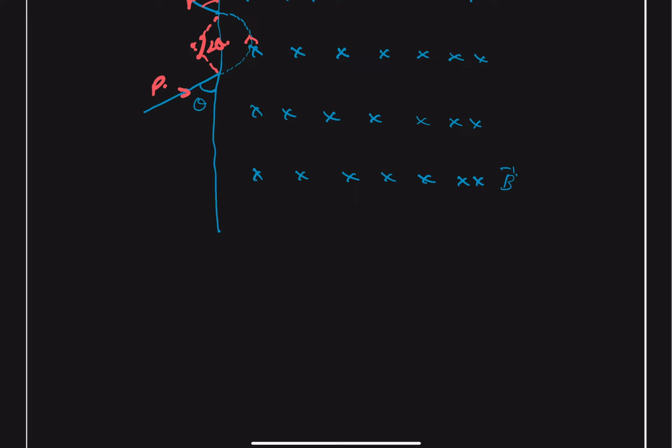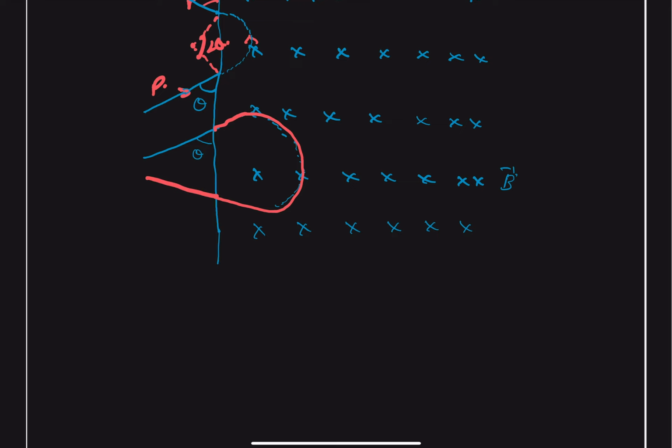And we have our electron, and the electron enters somewhere like this, and this angle is given as theta. So inside it is going to follow this close to circular path like this, and finally it is going to leave the magnetic field.